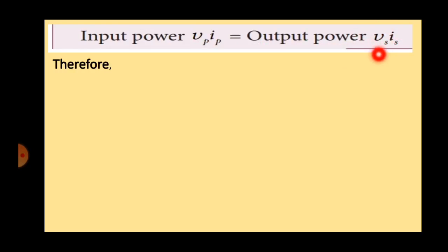Vp is the applied voltage of the primary circuit, Ip is the primary current, Vs is the secondary voltage and Is is the secondary current, for the primary and secondary coil respectively.